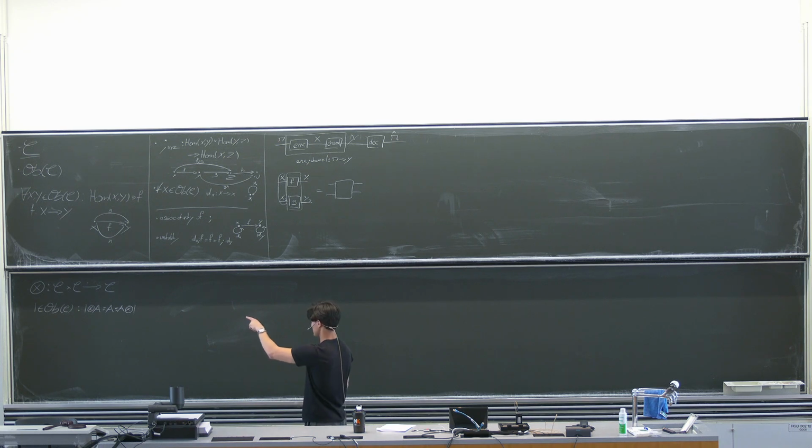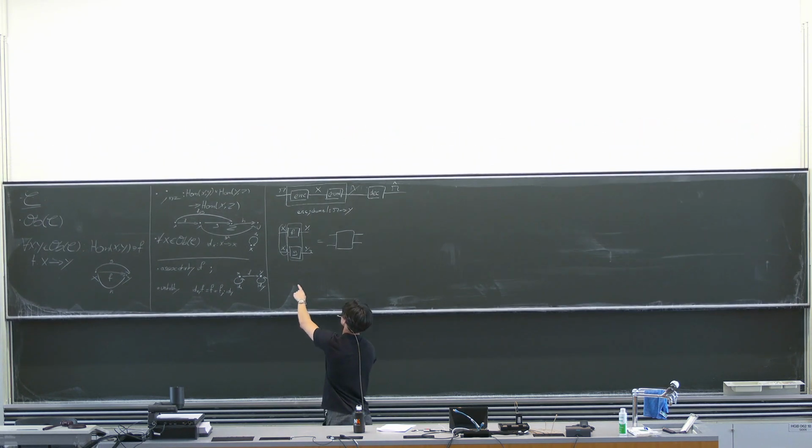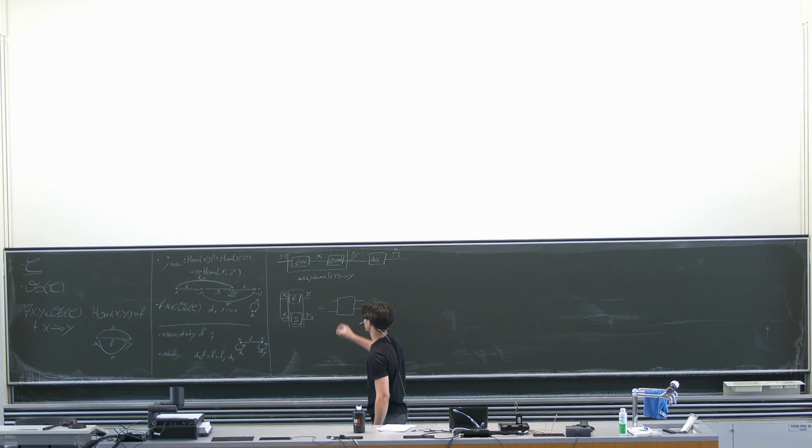So this is our monoidal structure. And now that we've used this monoidal structure, we can properly define this thing, where it goes from x1 cross x2, and then you get f cross g, and you get y1 cross y2.